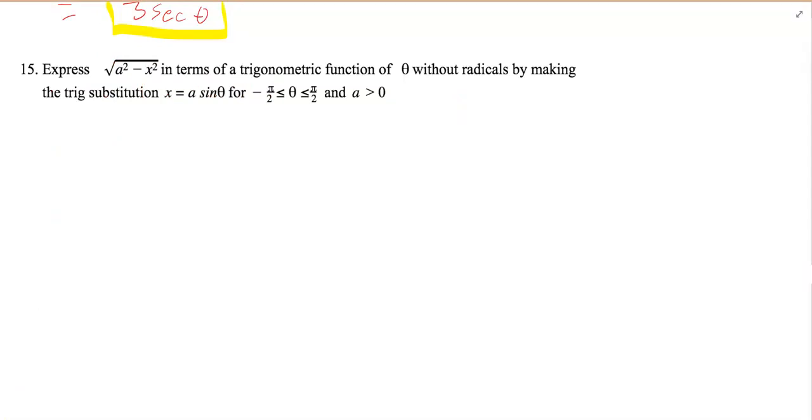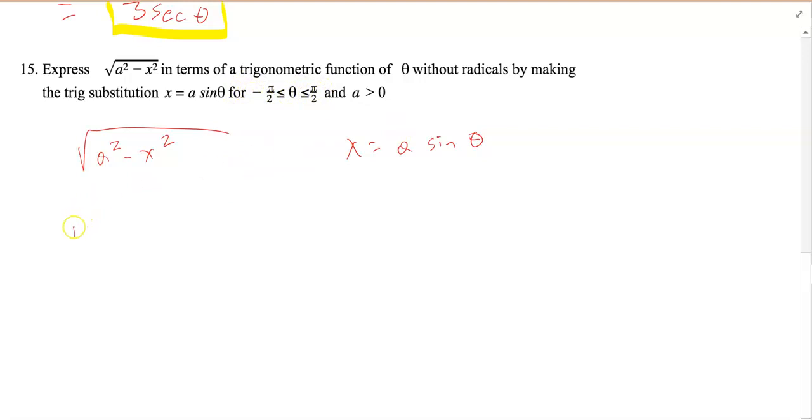Okay, the next substitution we have to make is radical a squared minus x squared as a function of theta, where we make the substitution x equals a sine theta, for theta between negative pi over 2 and pi over 2.